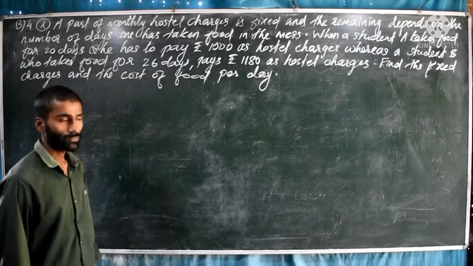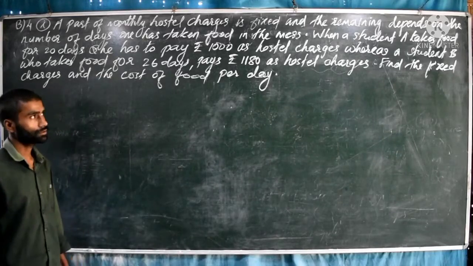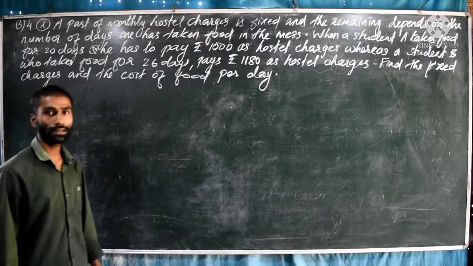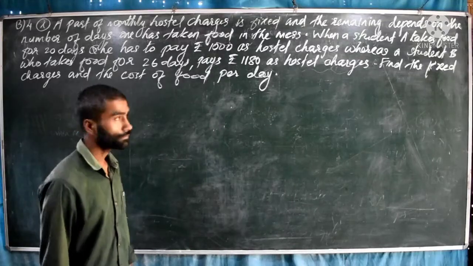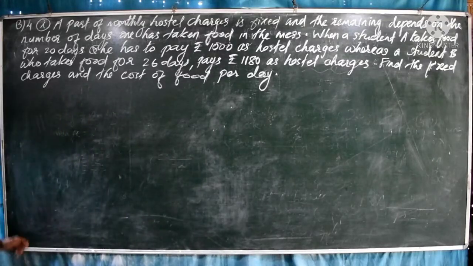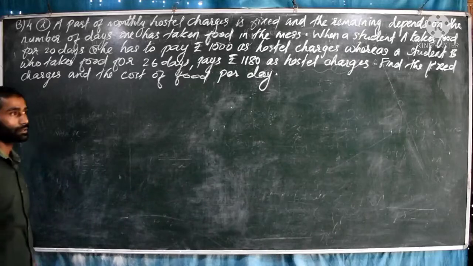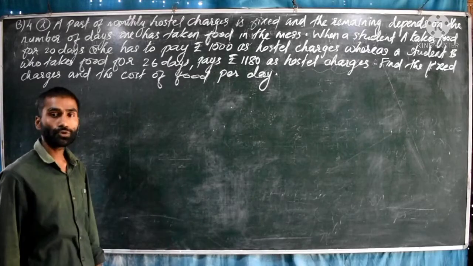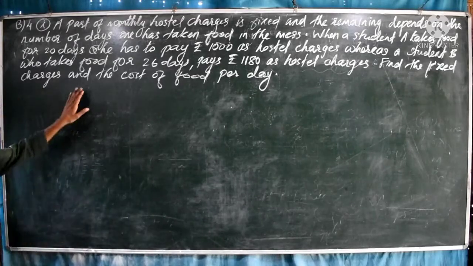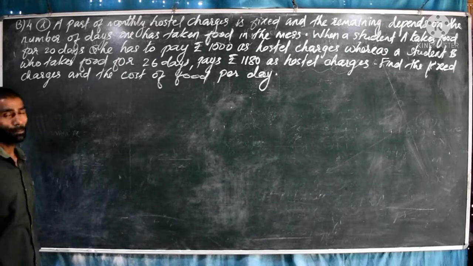Hello everyone. So in this video we are going to learn from exercise 3.5, that is question number B4. First option I have taken here. What we are asked to solve here is to solve the given problem by using any method.